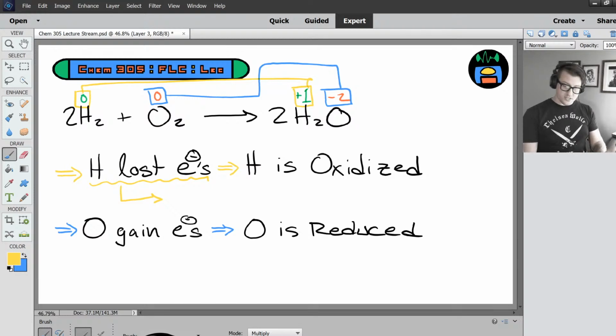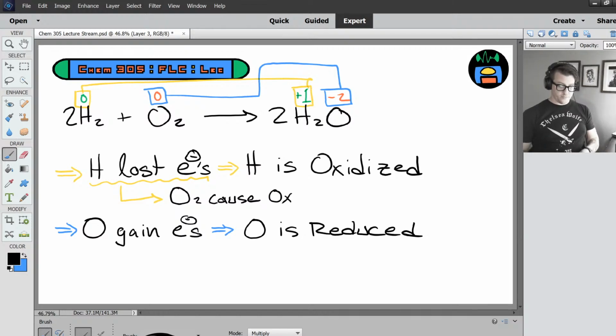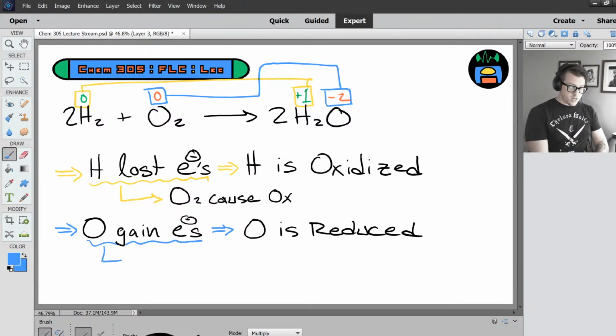And the answer to that question is the molecule O2. O2 causes the oxidation.